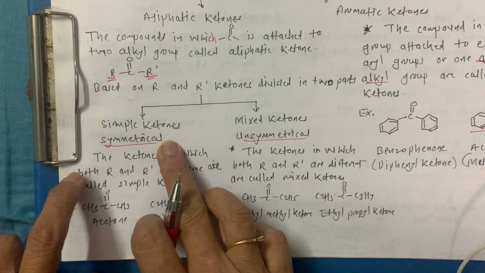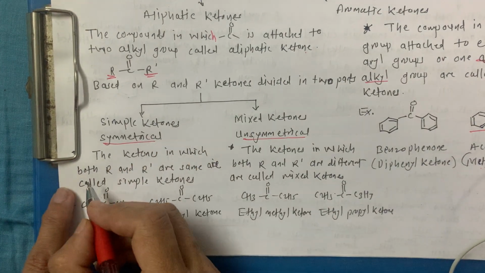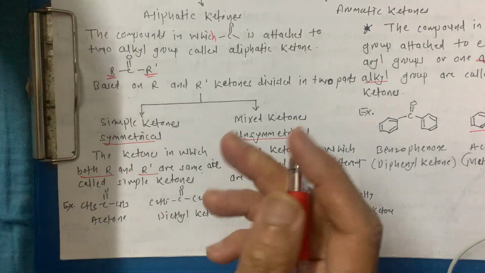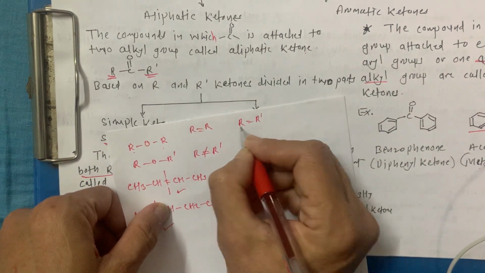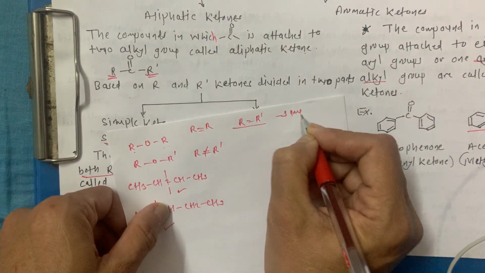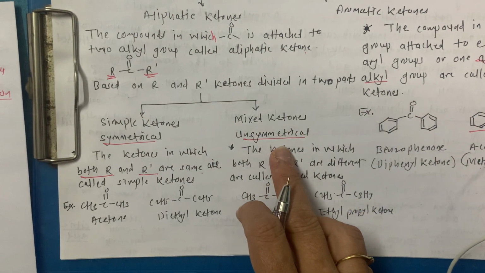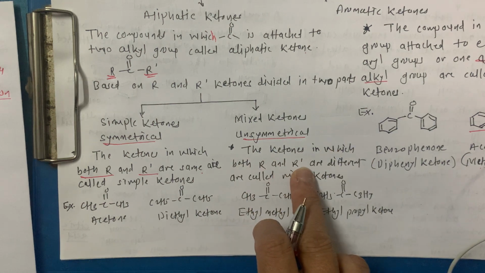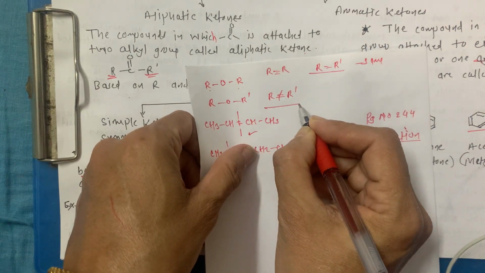Now here, simple ketones are the symmetrical ones, meaning the ketones in which both R and R dash are the same, R equal to R dash. Then mixed ketones are unsymmetrical ketones, the ketones in which R and R dash are different.